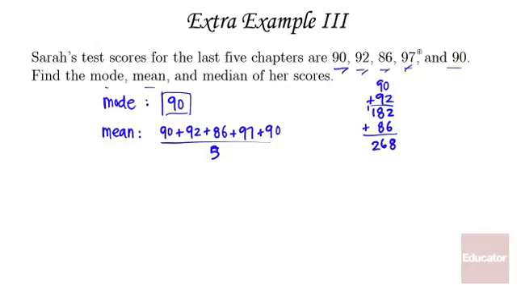Now we have to add 97. So that's 15. This is 1 plus 9 is 10, plus 6 is 16. This is 3. Okay, and then the last one, 90. It says 5. This is 15, and this is 4. So when I add up all the numbers, it becomes 455.